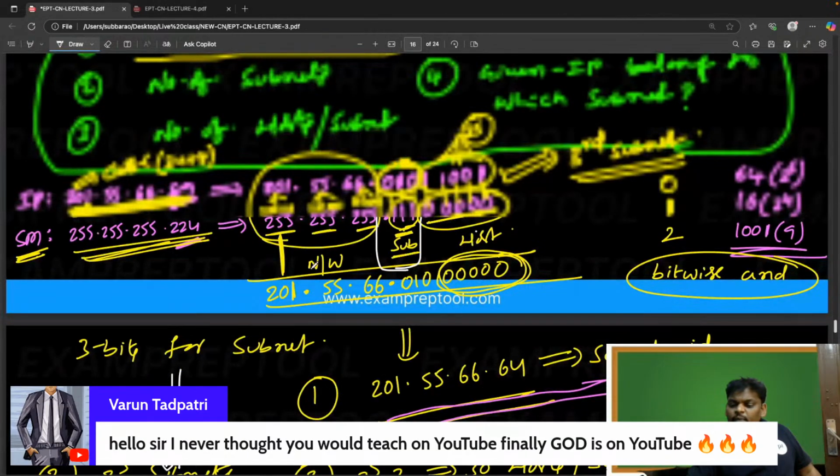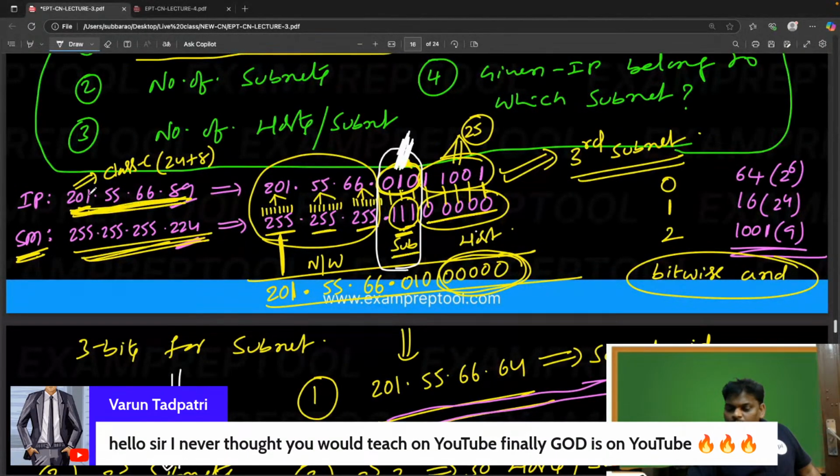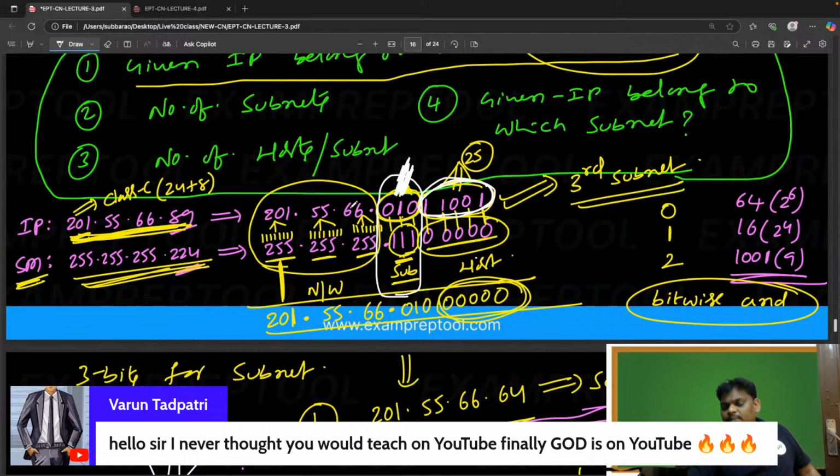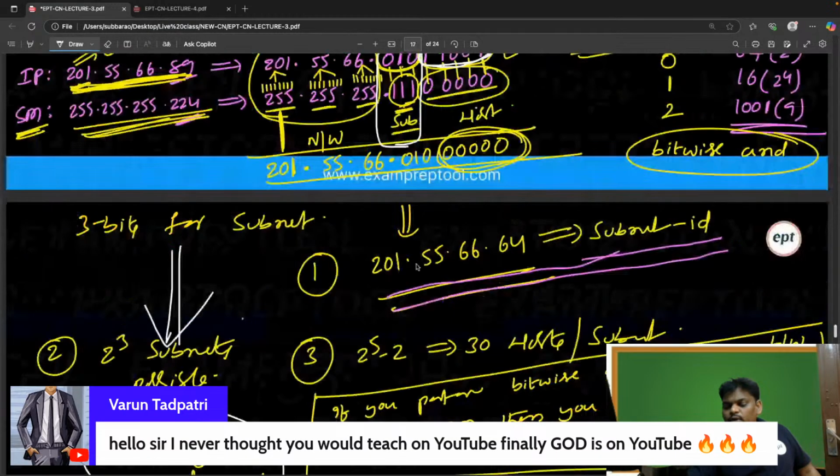Some people may ask what the host number is. Your IP belongs to what host number? I think this is the host area. Calculate properly because it is the IP, not the mask. The host number is 25. Subnet number 2 means third subnet, host number 25.